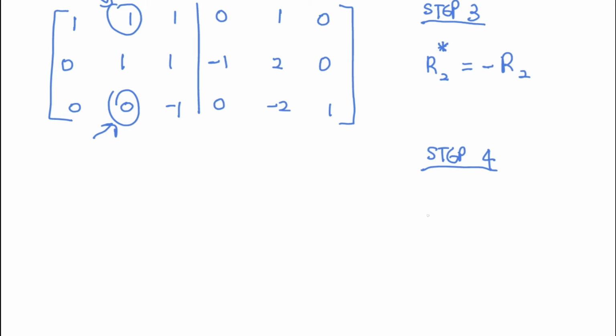The main focus here is for the new row 1, which is the original row 1. Since it is 1, 1 minus 1 is 0, so you do row 1 minus row 2, the leading diagonal row.